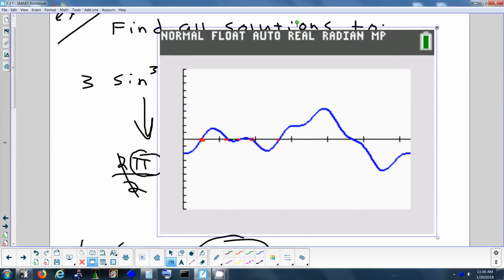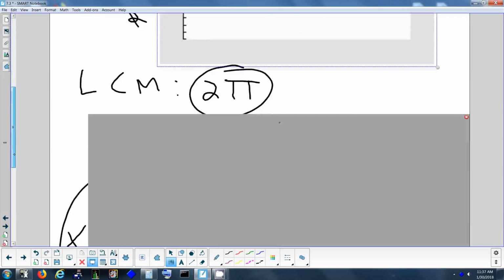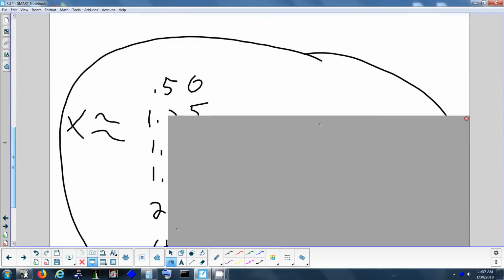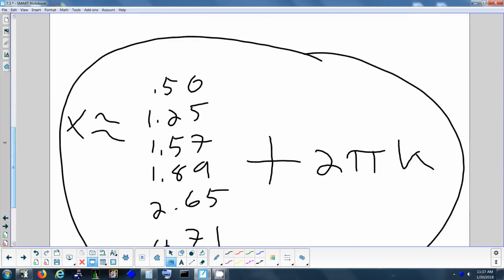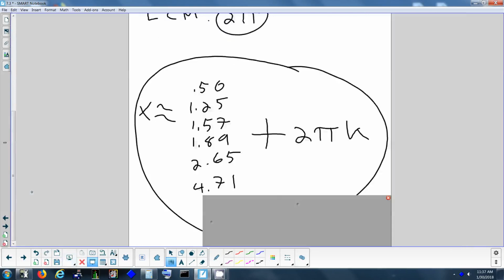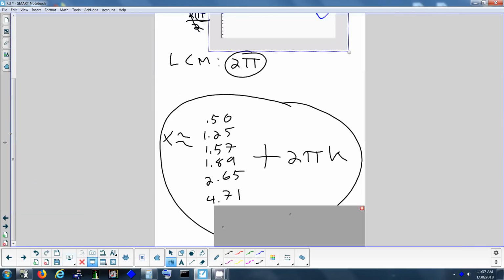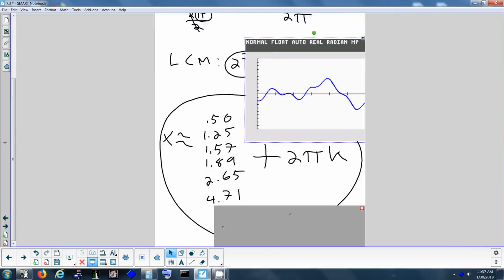So other than being a little time consuming, it's not any harder. You just have to calculate all 6 of those intersects. Probably more than I would give you on a test question. But I already calculated them just to save time. So all the intersects are at, let's see if I can bring the graph down.